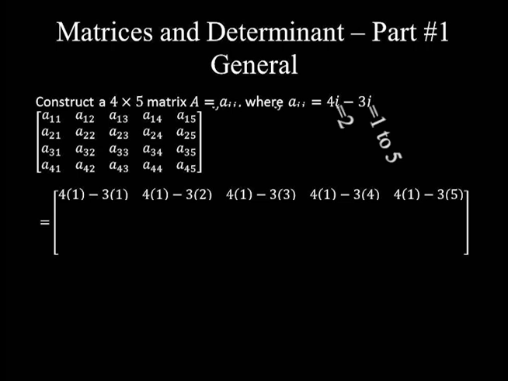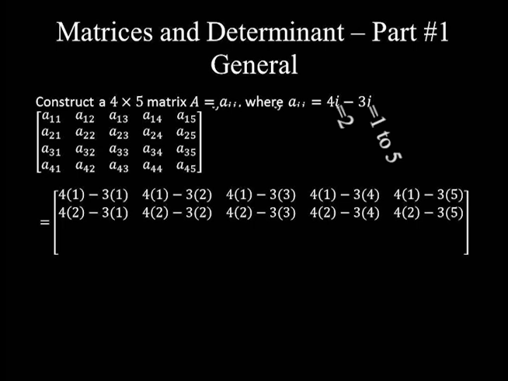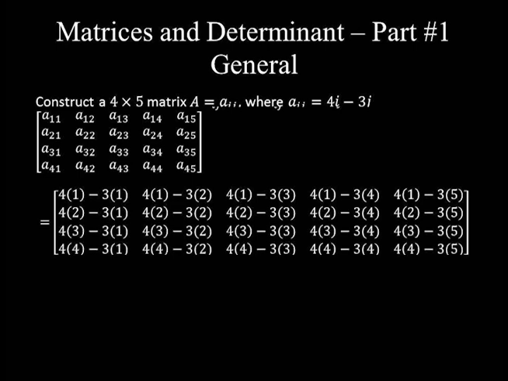For this row can be calculated as 4 times 2 minus 3 times 1 for row 2 and column 1 position, 4 times 2 minus 3 times 2 for row 2 and column 2 position, 4 times 2 minus 3 times 3 for row 2 and column 3 position, 4 times 2 minus 3 times 4 for row 2 and column 4 position, 4 times 2 minus 3 times 5 for row 2 and column 5 position. In similar manner, we can calculate row 3 and row 4 elements just by substituting the first subscript in place of i and the second subscript in place of j in the equation 4i minus 3j.